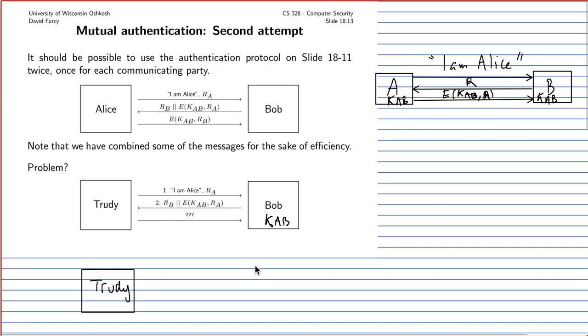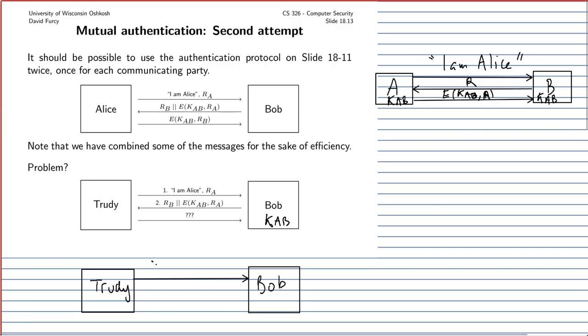Of course, these being processes, you can initiate as many communication sessions as you want, and you can send any number of messages back and forth. So Trudy is now going to initiate another version of this protocol with Bob, and she's going to send Bob the following request.